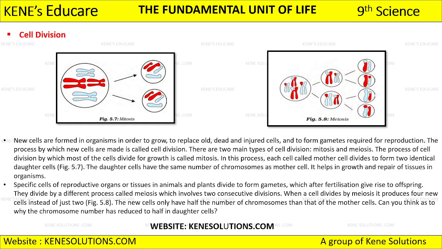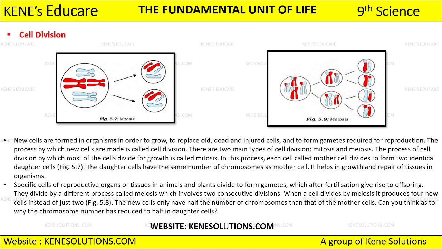We know that kind of cell division as mitosis. And the daughter cells which have been formed will have the same number of chromosomes as the mother cell. Okay, and mitosis mostly helps in growth and repair of tissues in the organism.